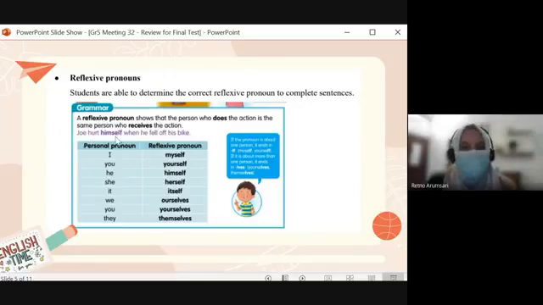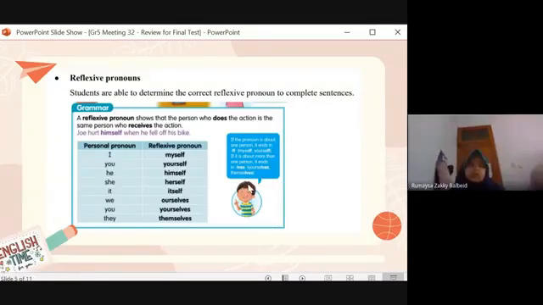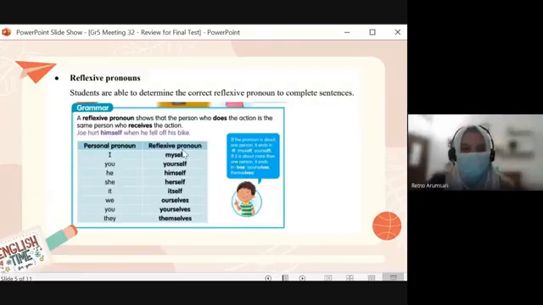Like this: Joe hurt himself when he fell off his bike. Joe and himself is also Joe, right? So this is Joe and this is Joe. Joe did it to himself. Now, there are some reflexive pronouns. It depends on the subject.